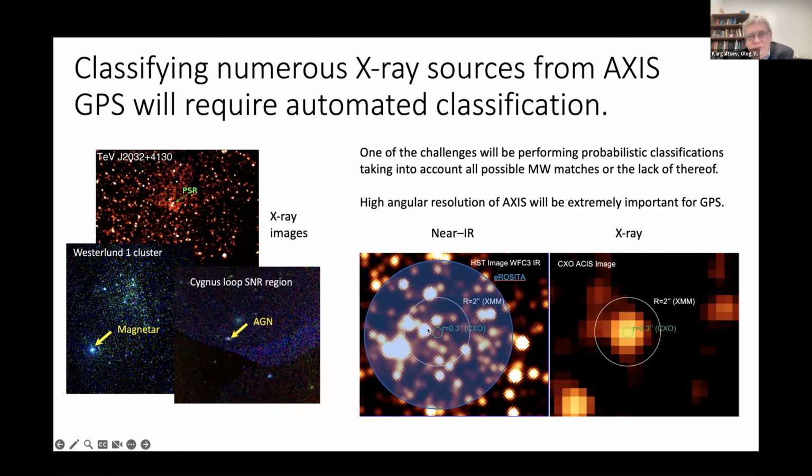What needs to be done is to consider all possible counterparts. They will have different probabilities of being associated with the X-ray source, and you do the classification. Once you get the classifications, they are weighted with those probabilities of being associated with a particular near-infrared source. And then you can make a judgment on the ultimate class of the X-ray source. So I would say that yes, those deep near-infrared data with high resolution are, in the end, better than not having them.